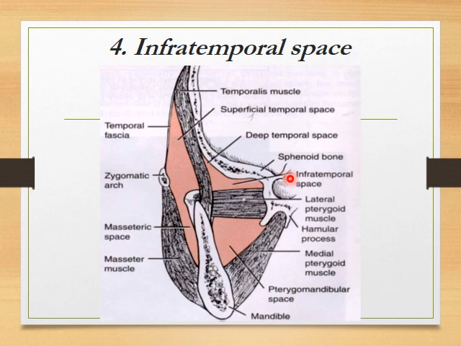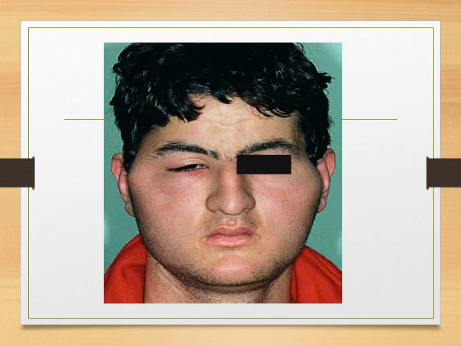Connections of this space are with the deep temporal space. As I said, it is continuous with the deep temporal, pterygomandibular, buccal, and orbital spaces. What are the signs and symptoms of infratemporal space involvement?